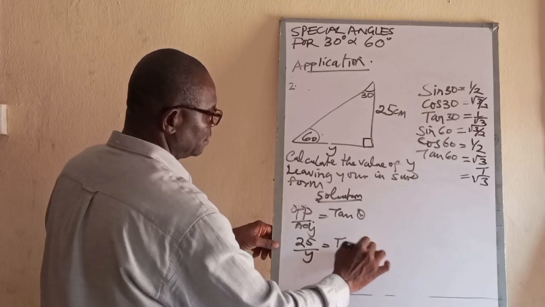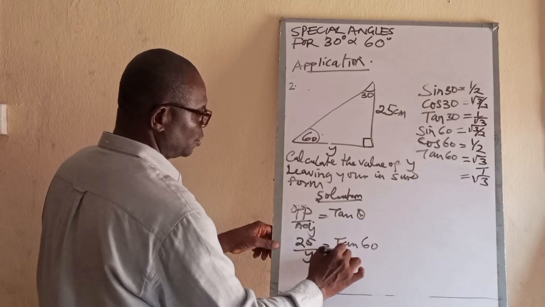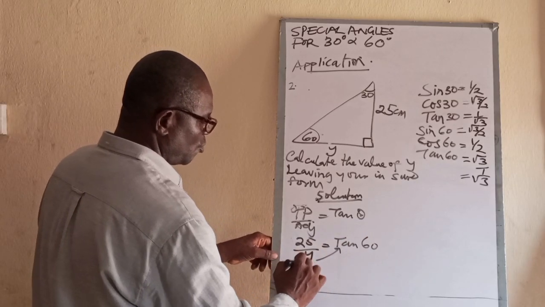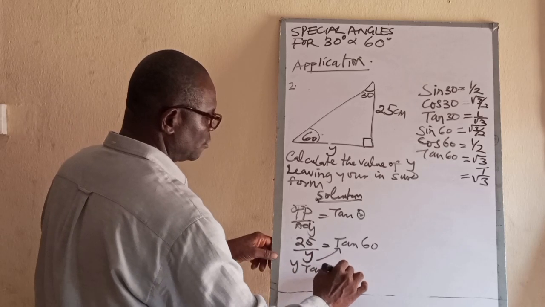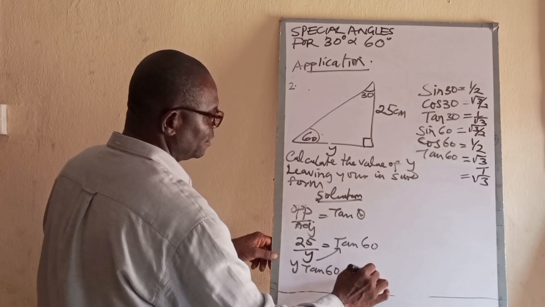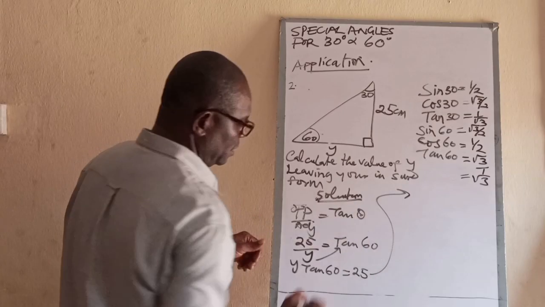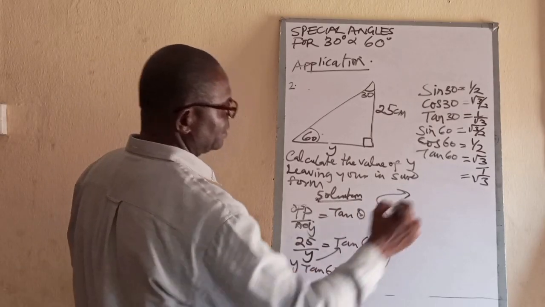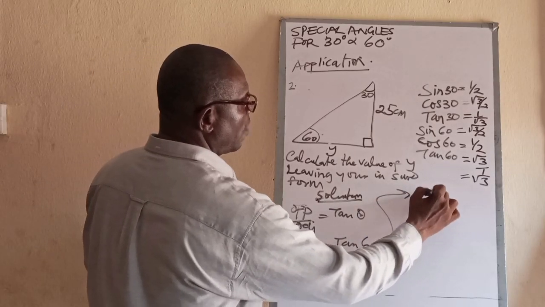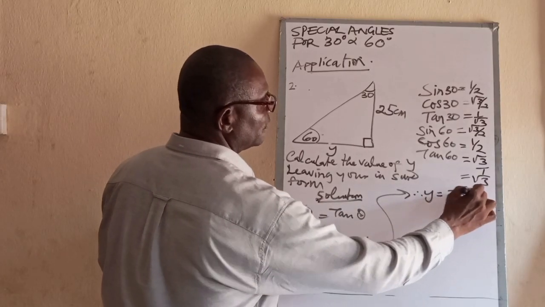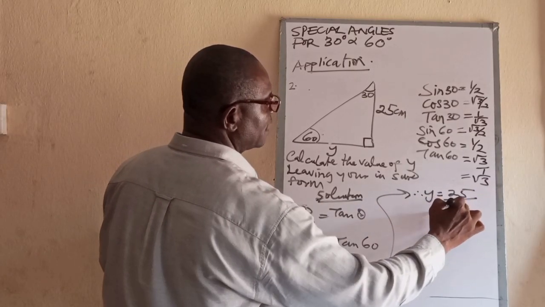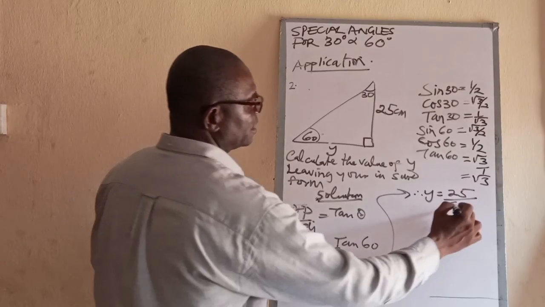By the time you cross multiply, you see that y tan 60 is equal to 25. Therefore y is equal to 25 over tan 60, so you divide both sides by tan 60.